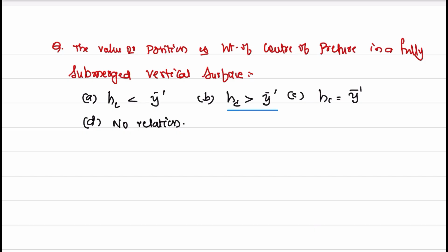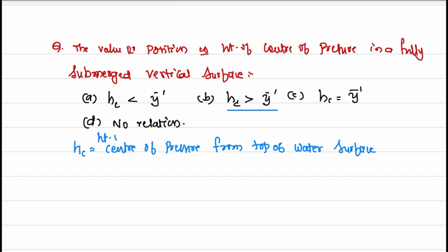HC is equal to the center of pressure from the top of the water surface. Y dash bar is equal to the height or depth of the center of gravity from the top of the water surface. Which value is higher? HC is greater than Y dash bar.